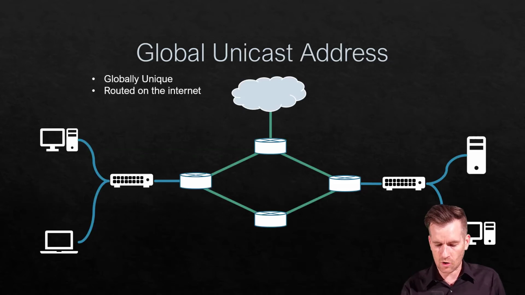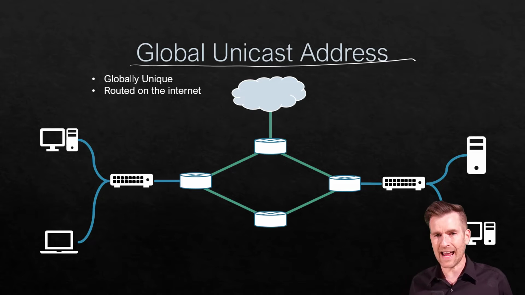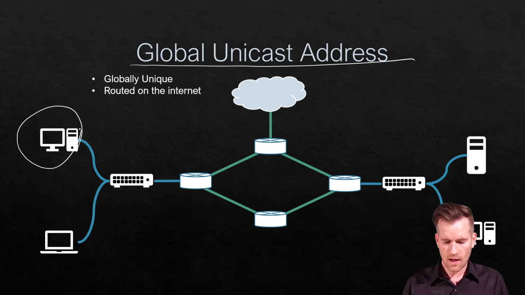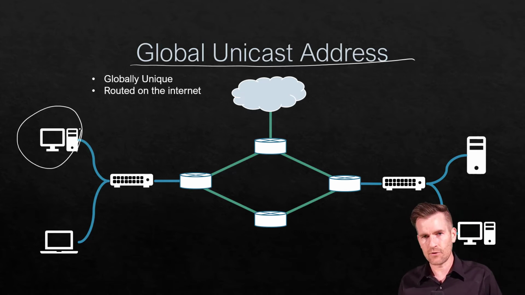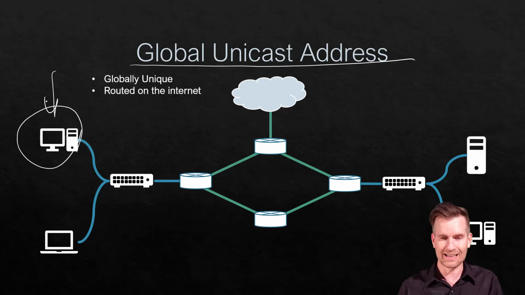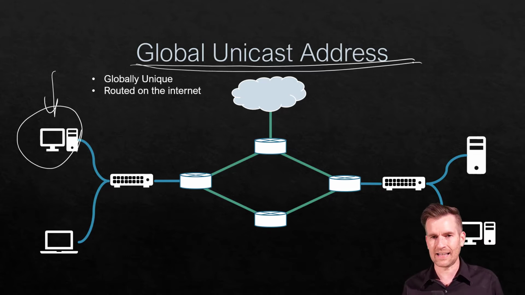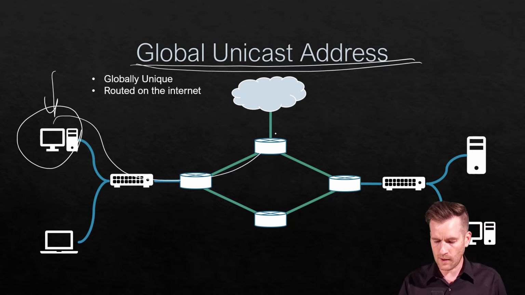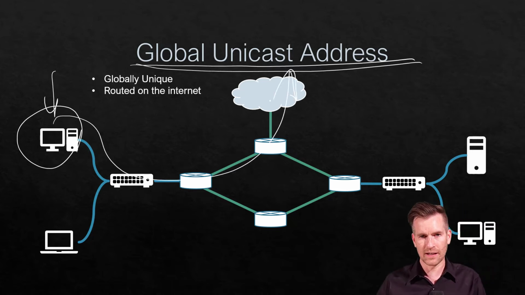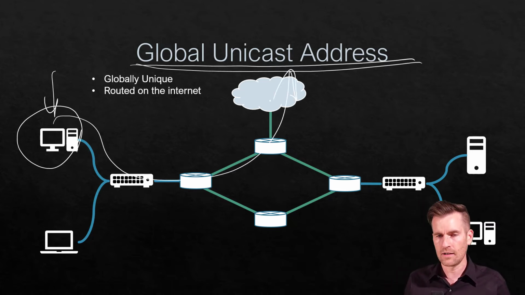Then you have the global unicast address. The global unicast address is globally unique. So if you have a global unicast address on your machine, there is no other device in the world that has that same global unicast address. That allows you to be routed to the outside world and get to other devices.